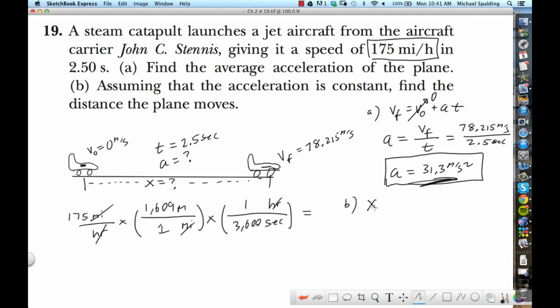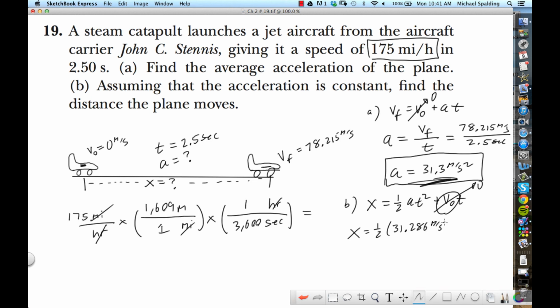So I think the easiest one to use is the first kinematic: X equals 1/2 AT squared plus V initial T. The initial velocity is 0. It starts at rest. So now we can just plug in the acceleration. Oh, hey, we're using it. So 31 point, it was actually 31.286.